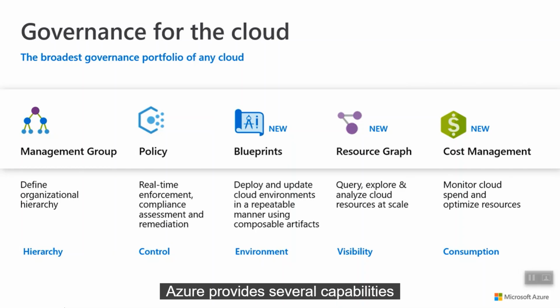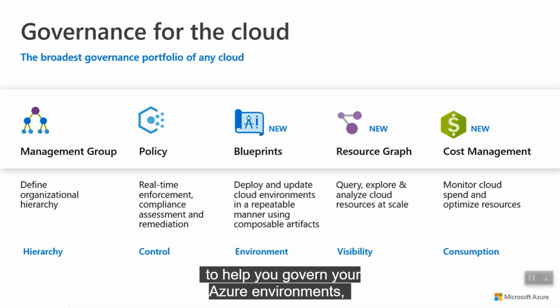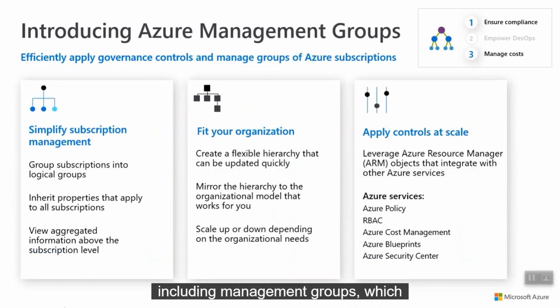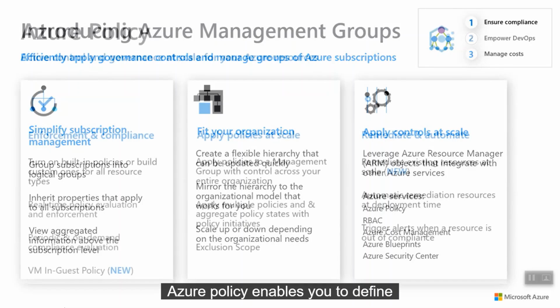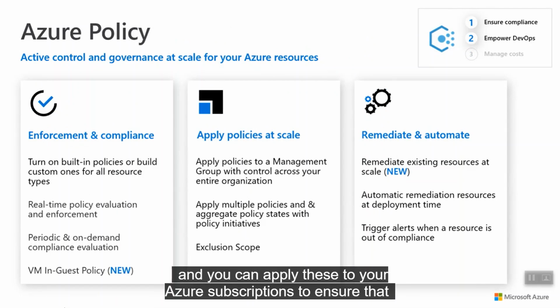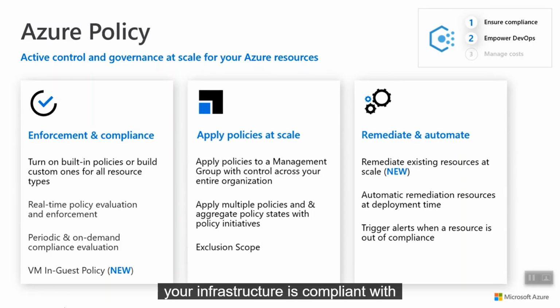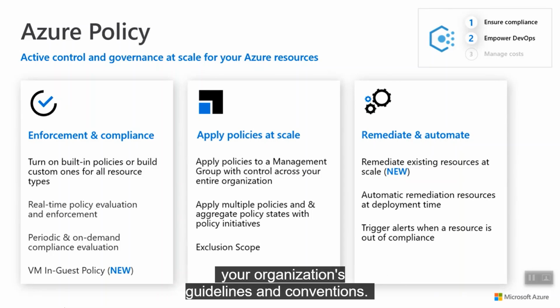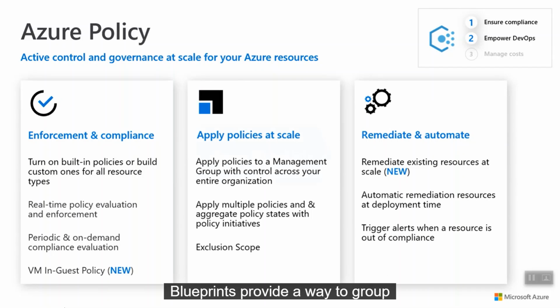Azure provides several capabilities to help you govern your Azure environments, including management groups, which let you organize your resources. Azure Policy enables you to define the policies that you want to enforce in your organization, and you can apply these to your Azure subscriptions to ensure that your infrastructure is compliant with your organization's guidelines and conventions.